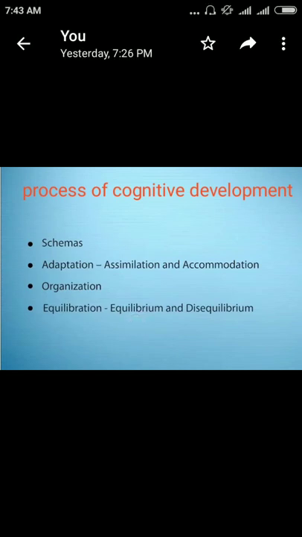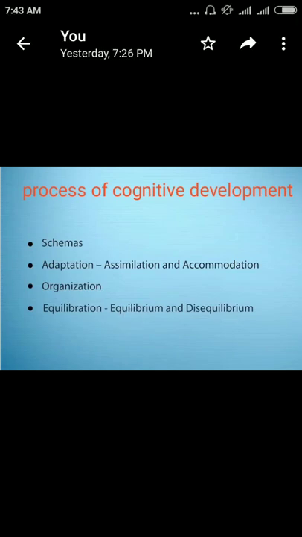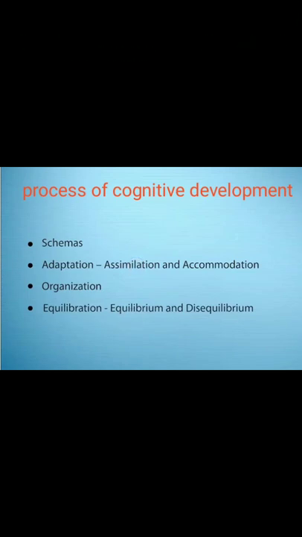Equilibrium is a comfortable state of the child in learning things. And just after equilibrium, assimilation works. It's adding a new concept to an already learned concept. That is assimilation.